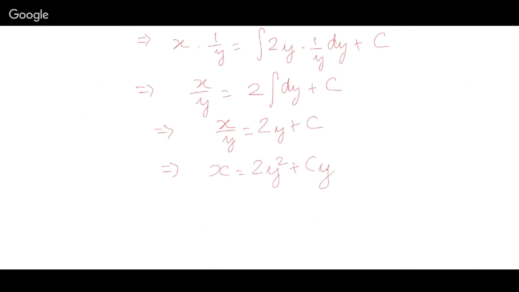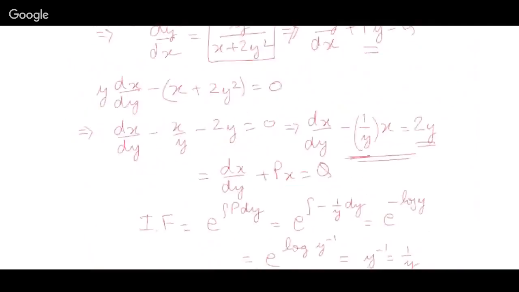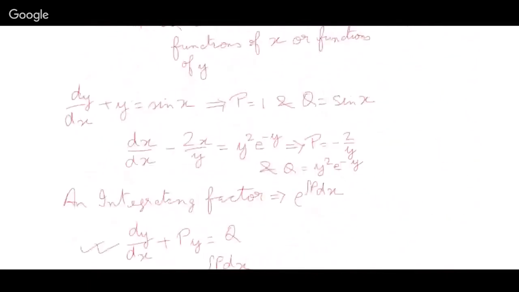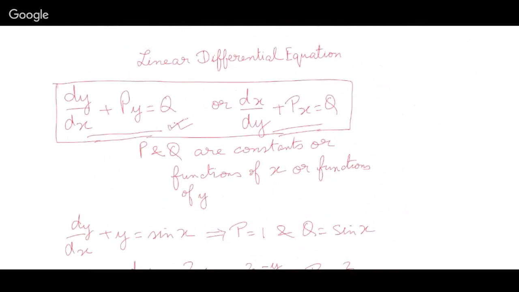So what we have learned while solving the linear differential equation is, we need to know whether the given differential equation is of either of these two forms. If it has been given in these two forms, then it is very easy to identify whether the given differential equation is a linear one or not.